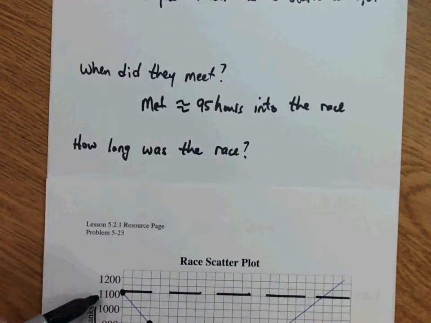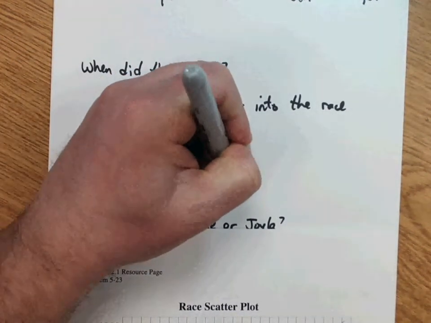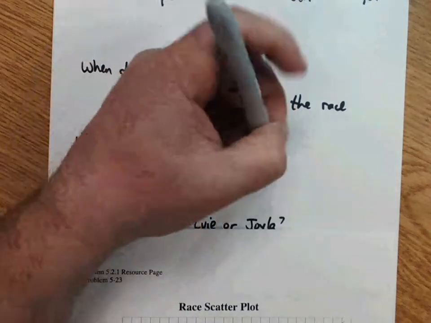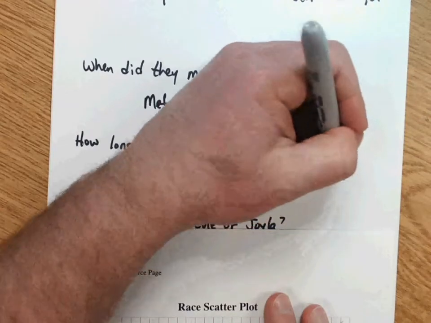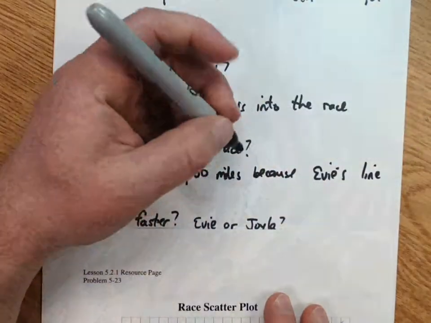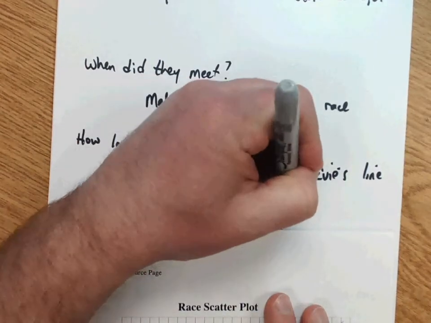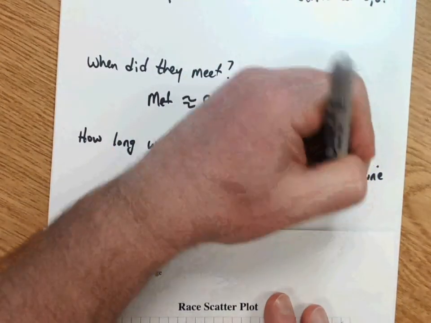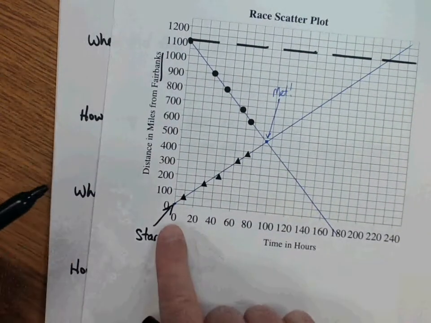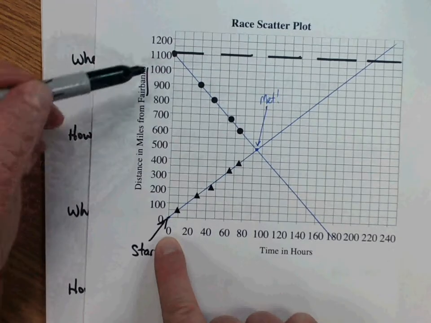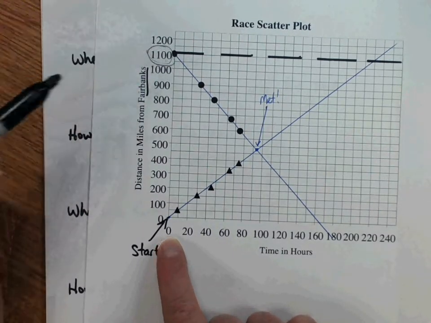We have to assume the race is 1,100 miles. Because Evie's line hits the y-axis at 1,100, and that would mean that when the race started, time is 0, Evie left wherever the finish line is, which is 1,100.